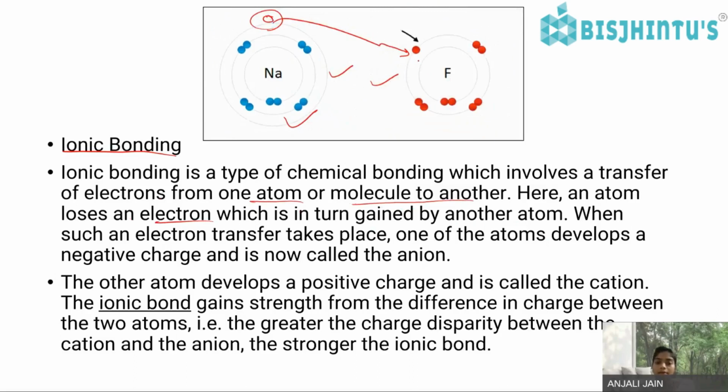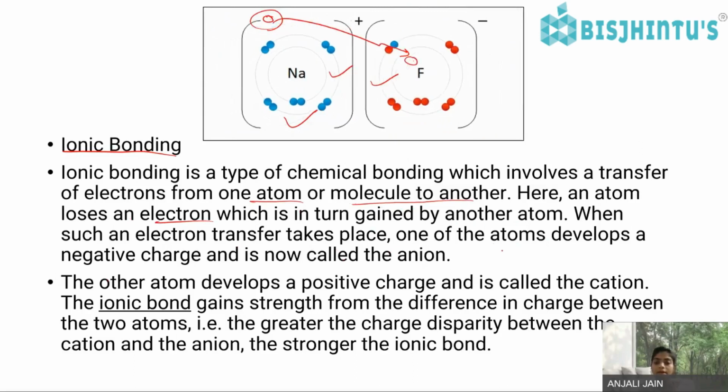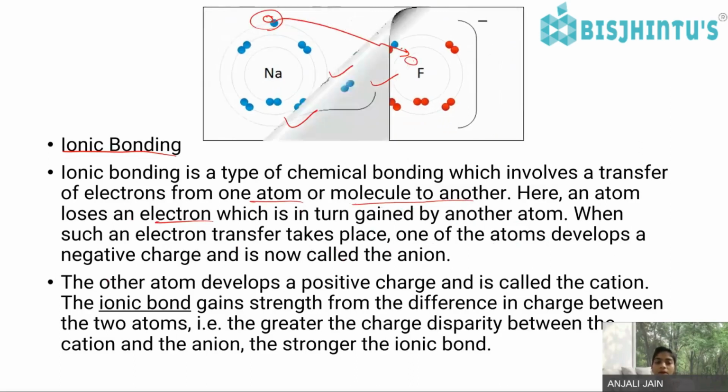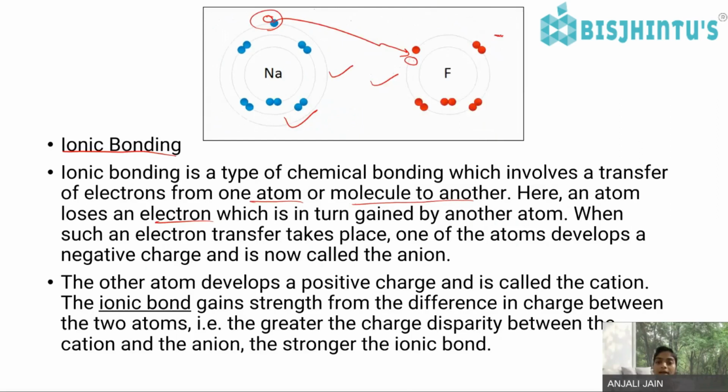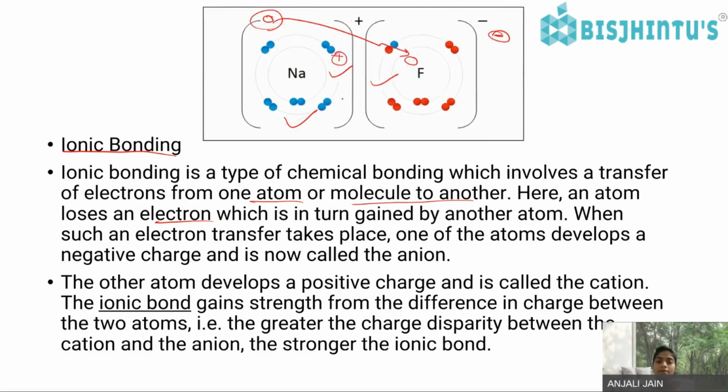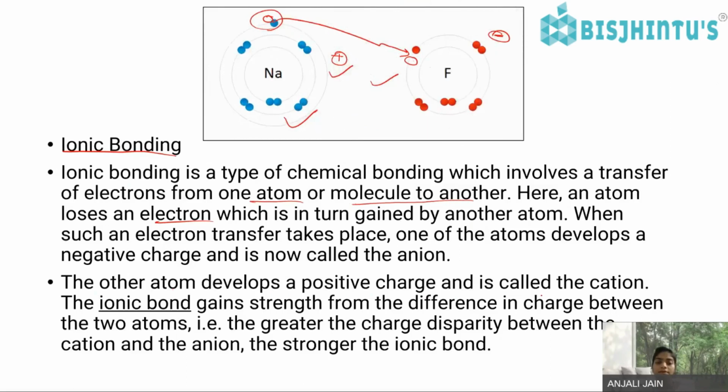When such an electron transfer takes place, one atom develops a negative charge and is called the anion. The one which takes is the anion, and the one which gives is the cation, which has the positive charge.